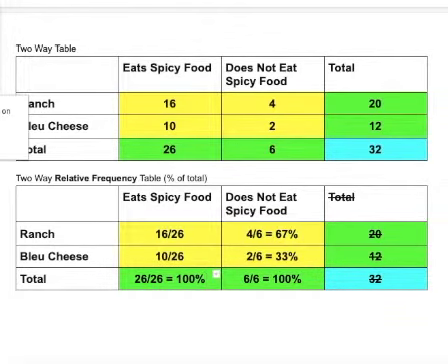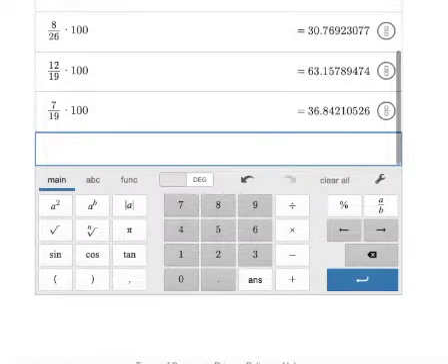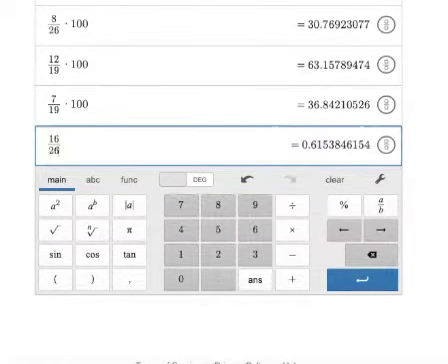So we've got nothing else out of this lesson. At least the bottom row has to be 100%. And they're going to be fractions and percents. Let's see, 16 out of 26 and 10 out of 26. All right, let's get a calculator. 16 divided by 26. 61.53, so it rounds up to 62%.